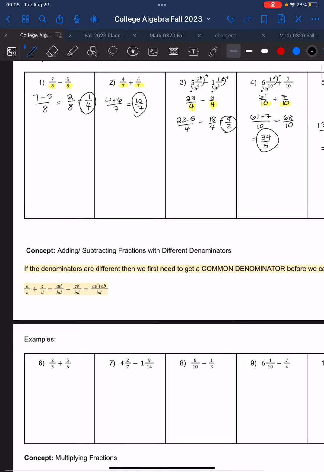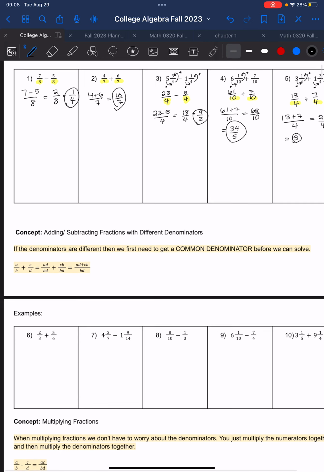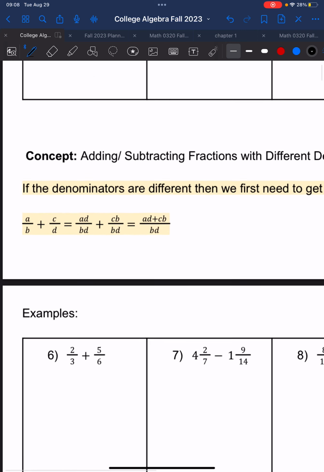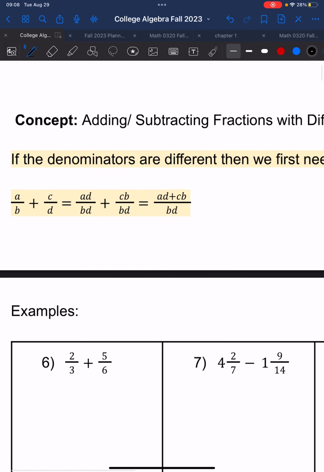Okay, let's look at the next concept. Adding and subtracting fractions with different denominators. If the denominators are different, then we first need to get a common denominator before we can solve. So in this formula, we have two fractions, a over b plus c over d, who have different denominators.